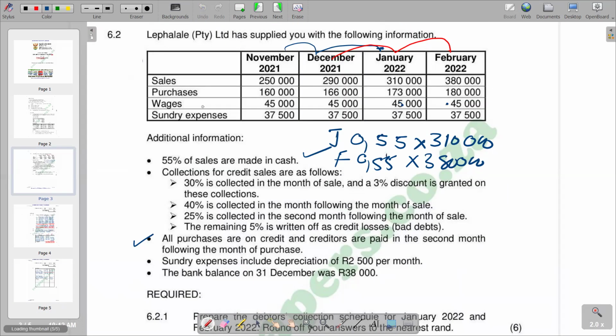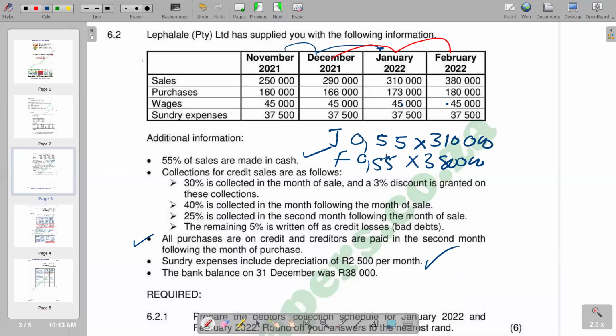Then we go to the next one, standard expenses. So what does it mean? Depreciation is a non-cash item. Let's take note, depreciation is a non-cash item, so we don't include it in the cash budget because it doesn't involve the movement of cash. Remember, everything that we are entering in the cash budget concerns the movement of cash in and out of the business.